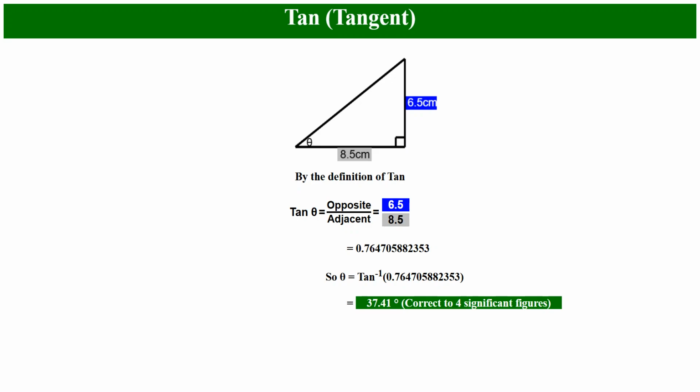Let's do another example. This time we'll have the triangle in this orientation. And here we're given two lengths. The opposite is 7 centimeters and the adjacent is 12 centimeters. And the angle we want to find is up there. Again, we'll call it theta.